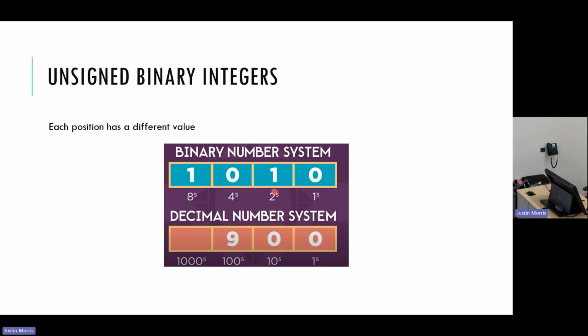So we get a 2 here because 1 times 2. And then the third digit is 4 because it's 2 to the power of 2. Now we do 0 times 4. And then the fourth digit is 2 to the power of 3, which is 8. So 1 times 8 is 8. 0 times 4 is 0. Plus 1 times 2 is 2. So this is 10. Because again, 0 times 1 is 0.